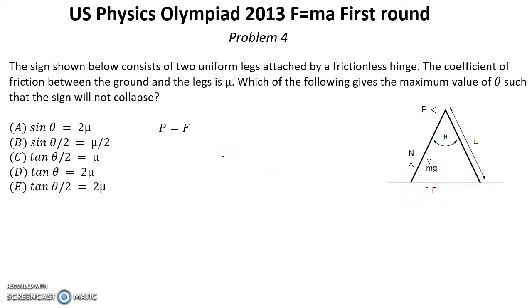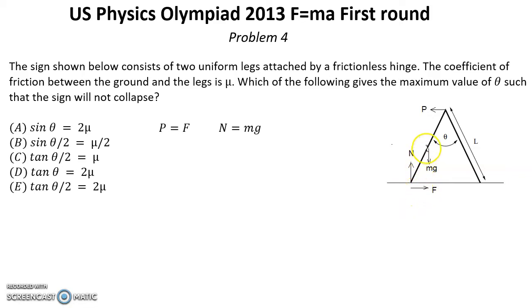For vertical, we have to equalize normal force and mg. And for rotational equilibrium, we have to choose the point of rotation. In our case, the best point is this one where we apply force N and force F. In that case, we don't have to count torques from these two forces because they are zero.